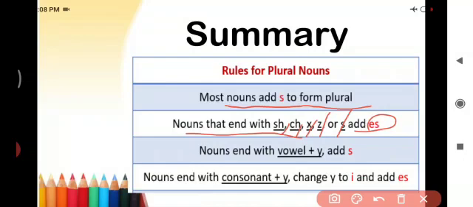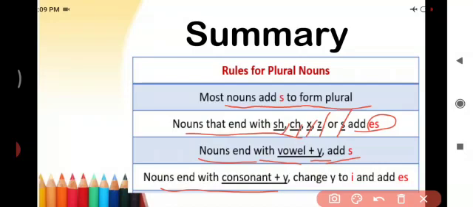Next rule, nouns end with vowel plus y, then we need to add s. If the word ends with y, and before y it is a vowel, then we need to add s. Next is nouns end with consonant plus y, then we need to change that y to i and add es.